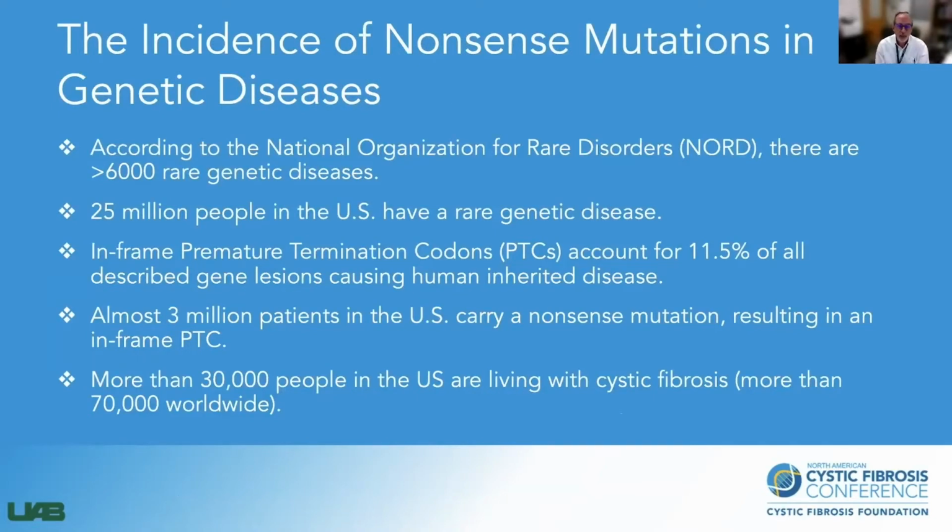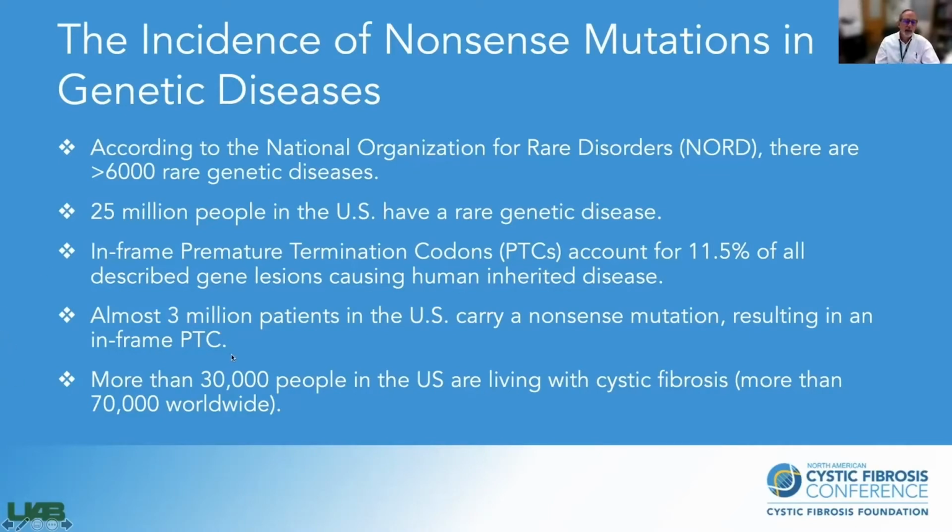All right, so now let's talk about nonsense mutations in genetic diseases. According to the National Organization for Rare Diseases, there are more than 6,000 rare genetic diseases. About 25 million people in the US have a rare genetic disease. In-frame premature termination codons, or PTCs, account for about 11.5% of all described gene lesions, so all mutations that cause inherited human diseases.